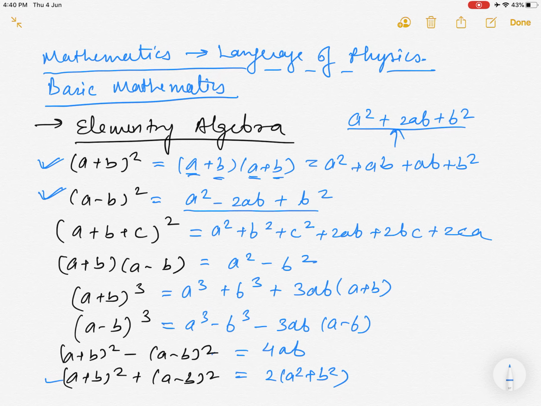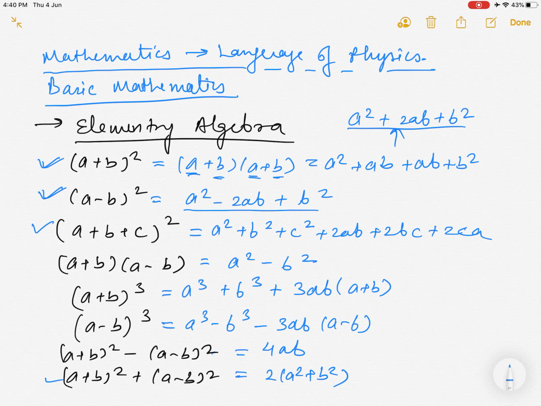The first one, (a plus b) whole squared, and the expansion is a square plus b square plus 2ab. (a minus b) whole squared, the expansion is a square minus 2ab plus b squared. If I ask you about (a plus b plus c) whole squared, it can be written as a squared plus b squared plus c squared plus 2ab plus 2bc plus 2ca. If I ask you what is (a plus b) into (a minus b), it's a square minus b square.